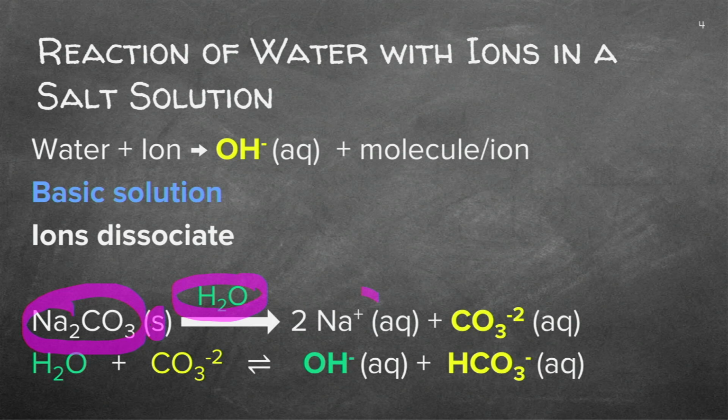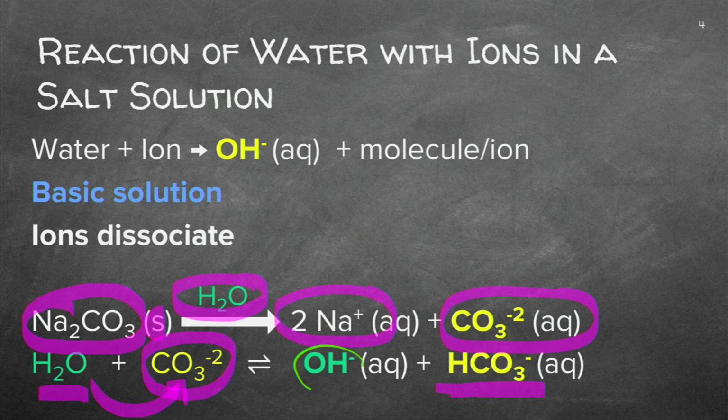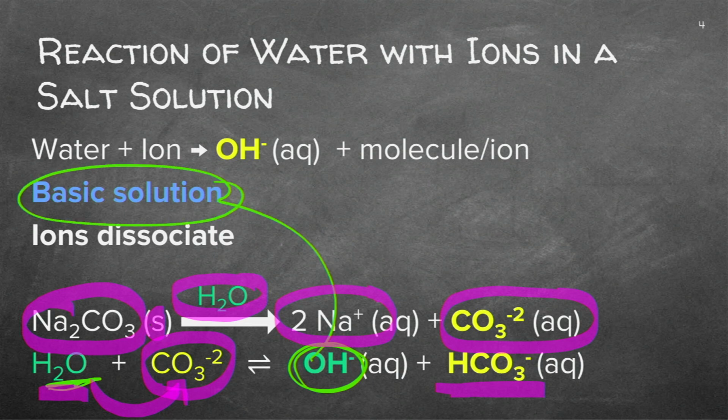I'm getting sodium ions and I'm getting carbonate ions. If I take that carbonate and put more water into it, can you see? One of the hydrogens will go there and form bicarbonate, and the OH, the hydroxide, will remain, which came from the water, and therefore it is now a basic solution.